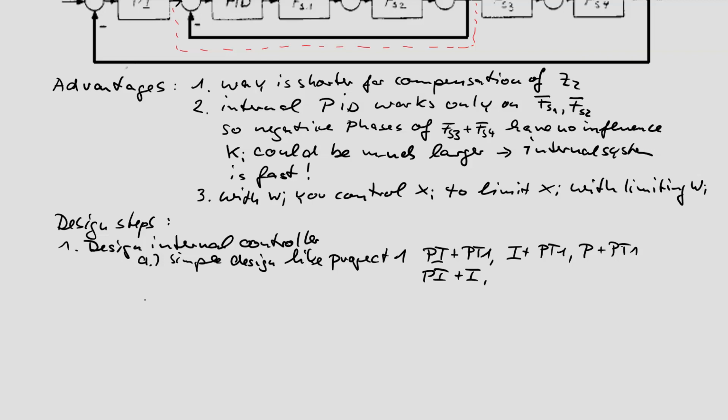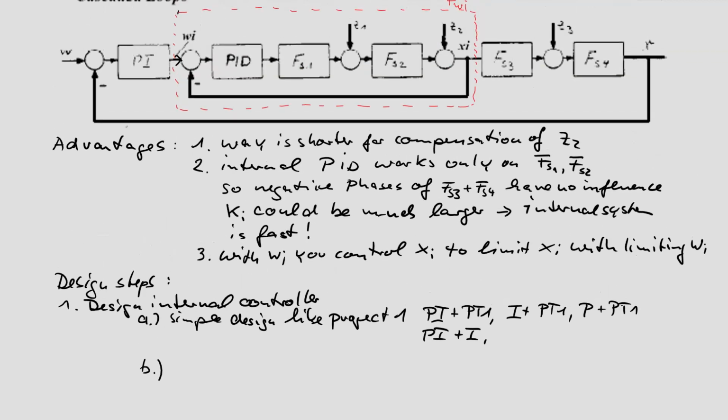If in case B, the internal loop with FS1 and FS2 behaves like the combination we have found in what I have called flash control design. Use flash control.